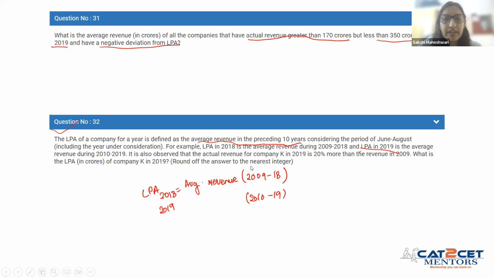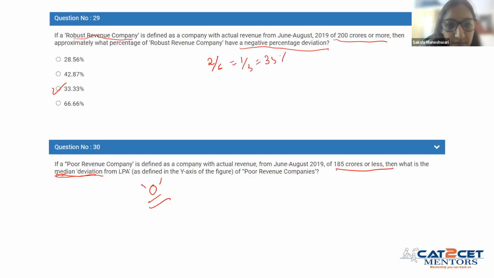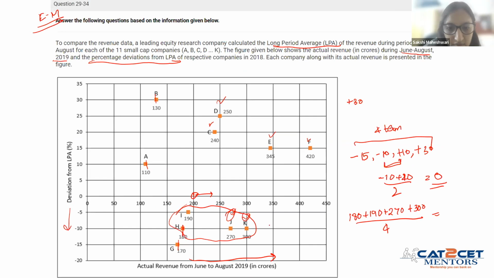Now it is also observed that the actual revenue for company K in 2019 is 20% more than the revenue in 2009. So actual revenue for K in 2019, what is it? This is 300.